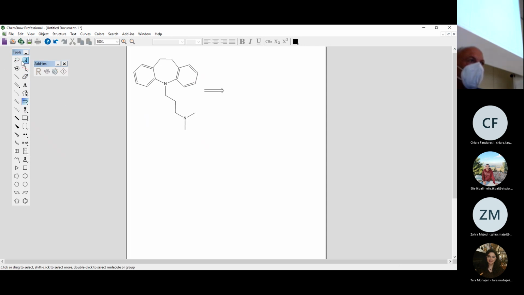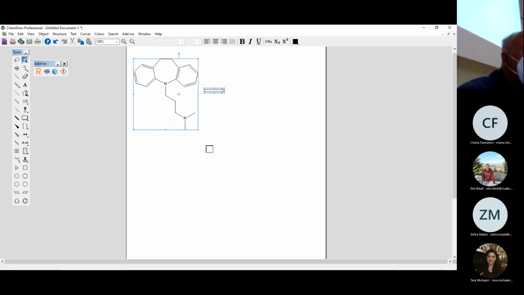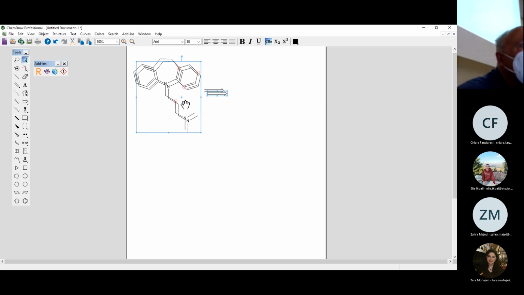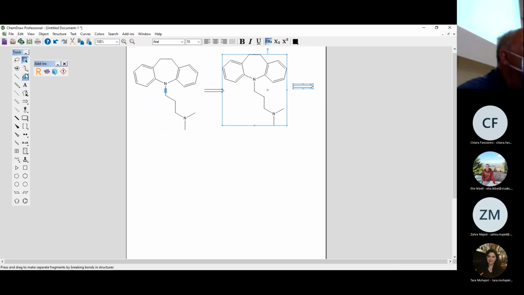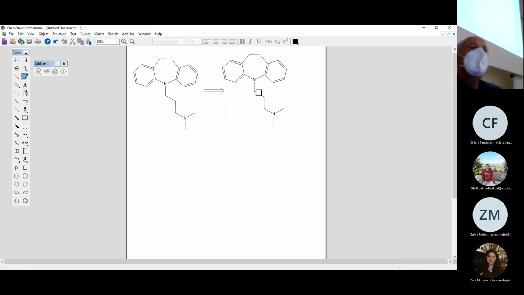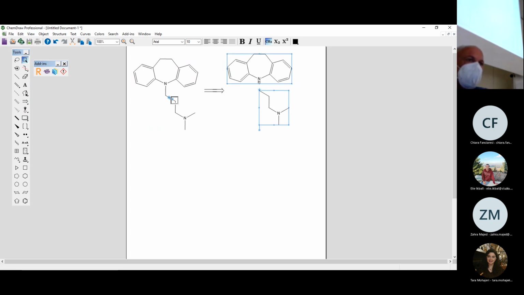So at the beginning, perhaps we can open the linear chain, because it's not difficult to insert the side chain on the system. And then we have to synthesize the 676 system, this one.